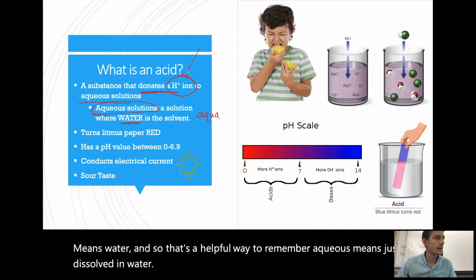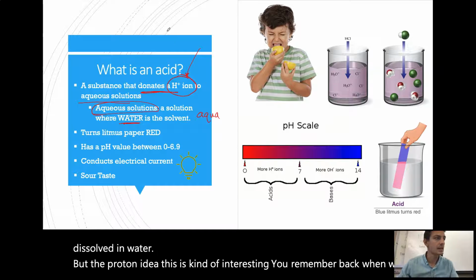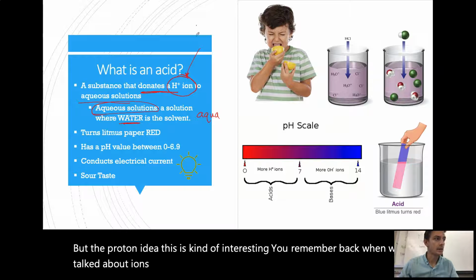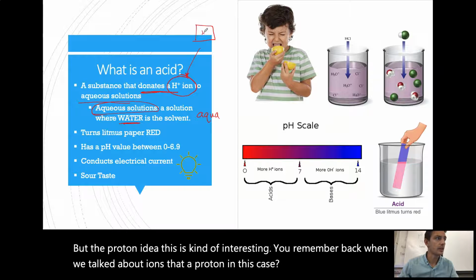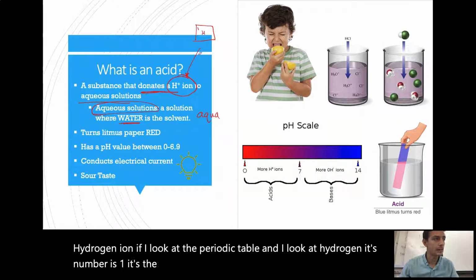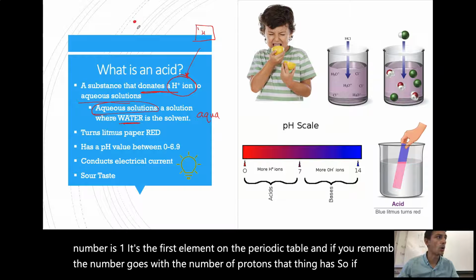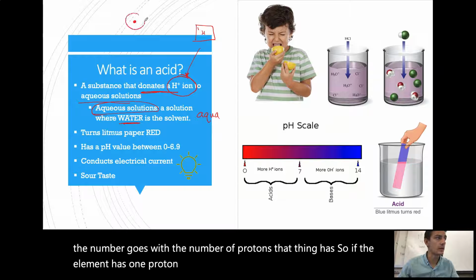But the proton idea, this is kind of interesting. You remember back when we talked about ions that a proton, in this case, a hydrogen ion, if I look at the periodic table and I look at hydrogen, its number is 1. It's the first element on the periodic table. And if you remember, the number goes with the number of protons that that thing has. So if the element has 1 proton in the middle, that means it has 1 electron on the outside.